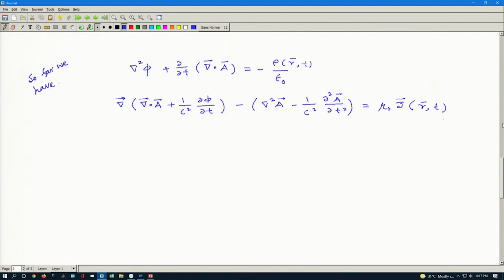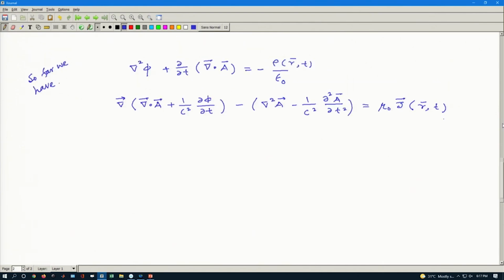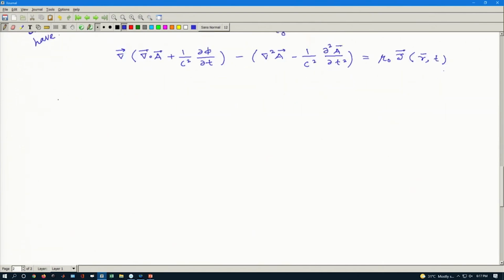Now, after that we need to put something to make this equation a little bit simpler, and the way we do it is called the gauge. So, now here we will do something called gauge invariance. The idea of the gauge is not new because we have already introduced that in an earlier class.